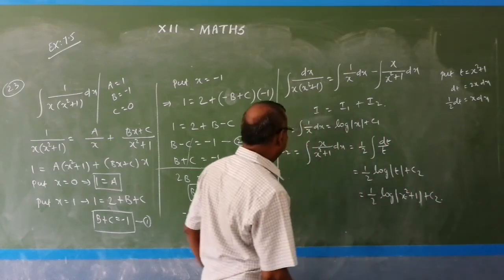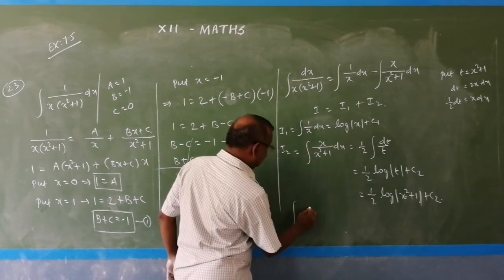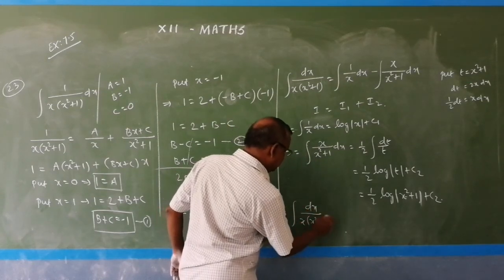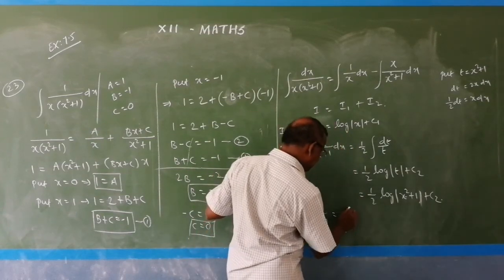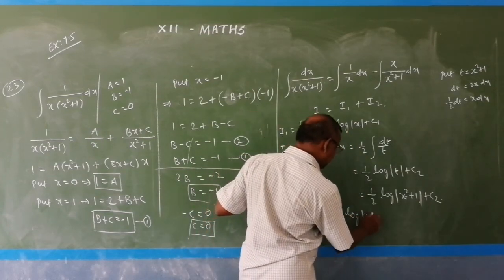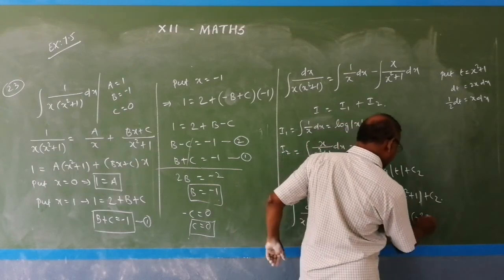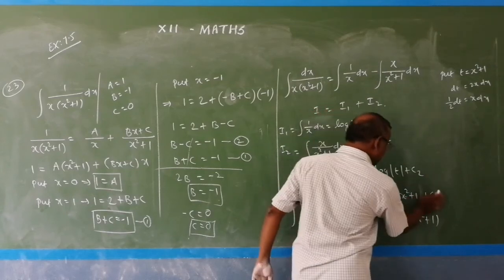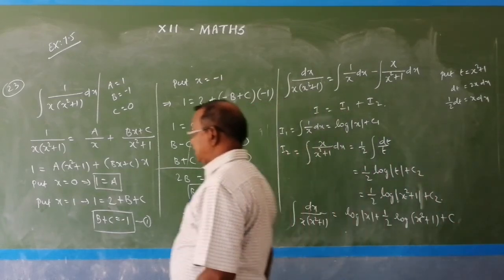So, the final answer is I equal to I1 plus I2, that is integral dx by x into x square plus 1 is equal to, the first part is log of modulus of x, plus 1 by 2 into log of x square plus 1, because it is an even function, we need not put modulus for this, plus c.